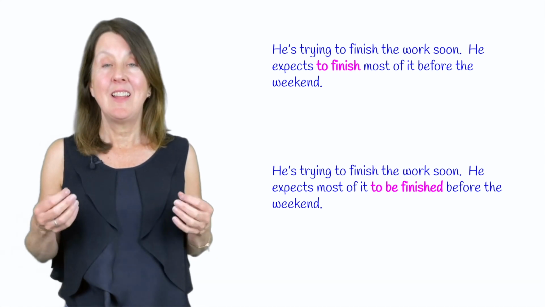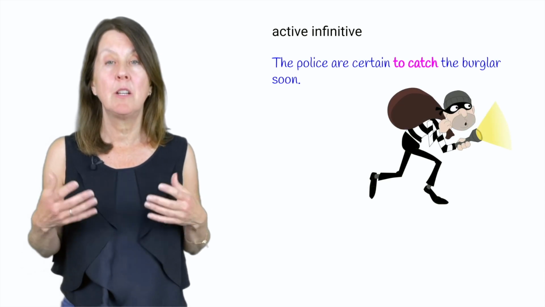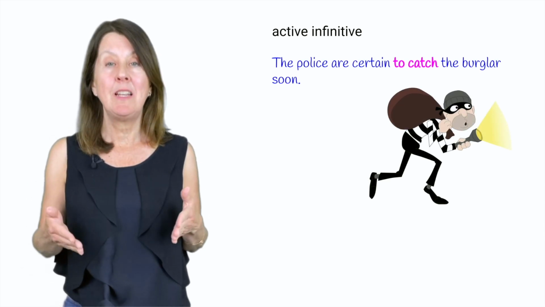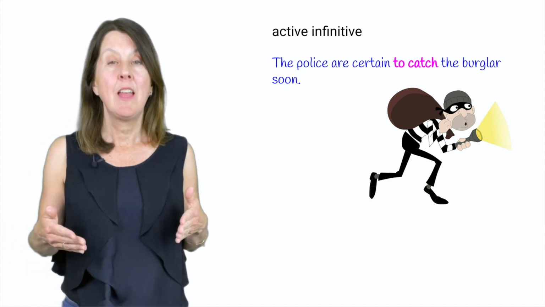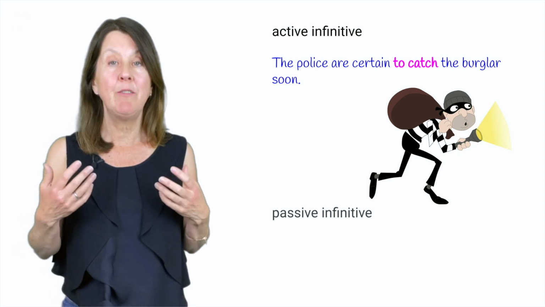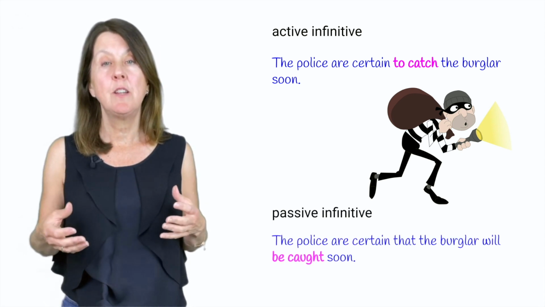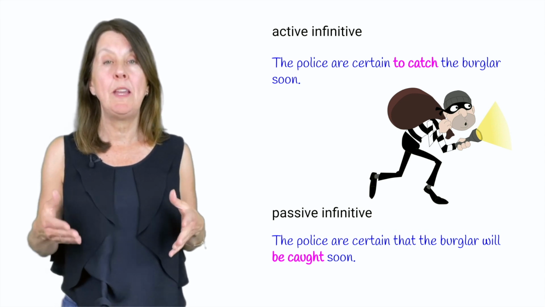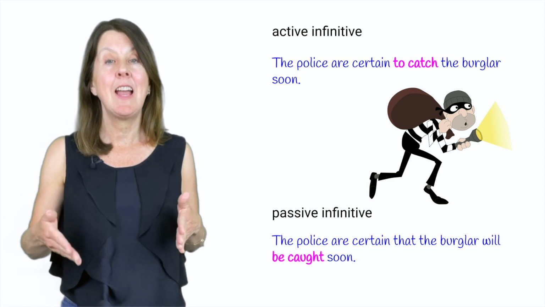Or let's look at an active infinitive sentence. The police are certain to catch the burglar soon. Here the police are doing the action of catching the burglar. And if we put that in a passive infinitive form, we could say the police are certain that the burglar will be caught soon. Here the burglar is receiving the action.